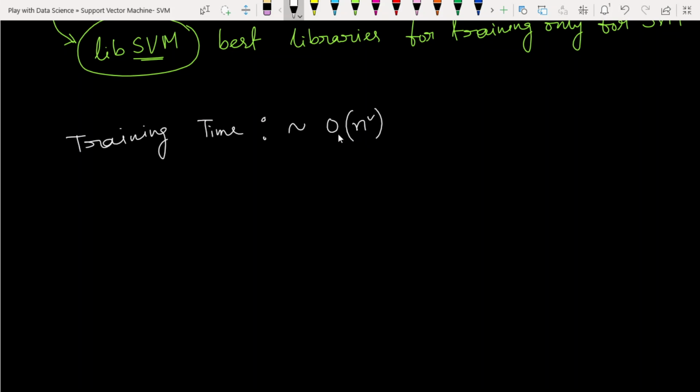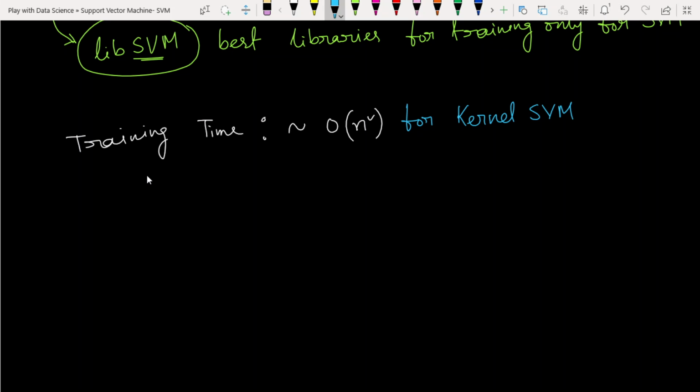This time complexity is only for kernel SVM, and it is the approximate time complexity for any kernel SVM, whether polynomial, RBF, or any other kind.